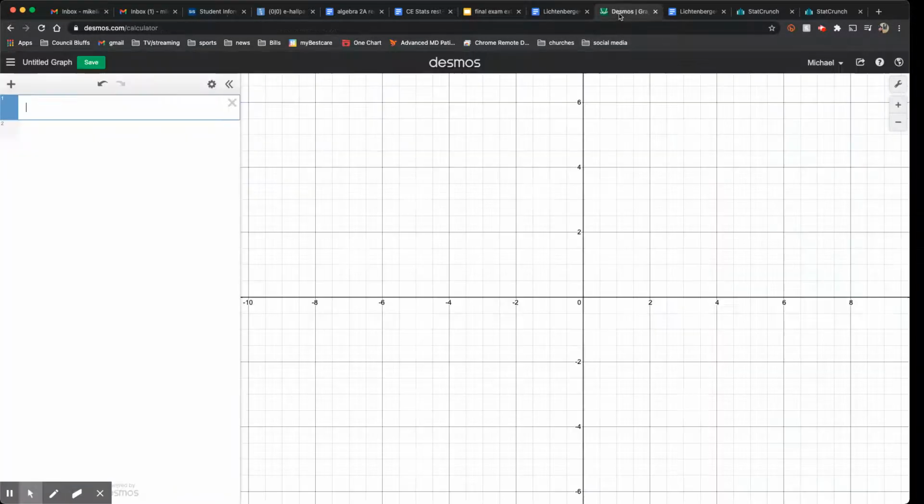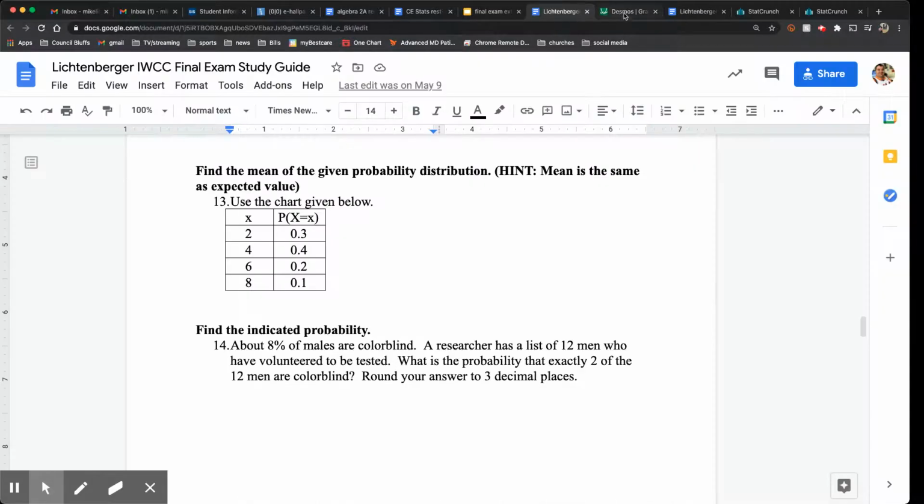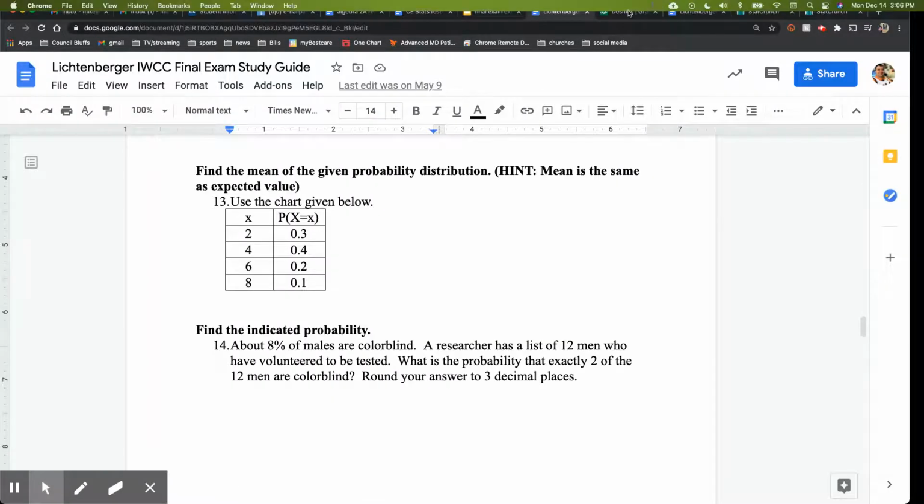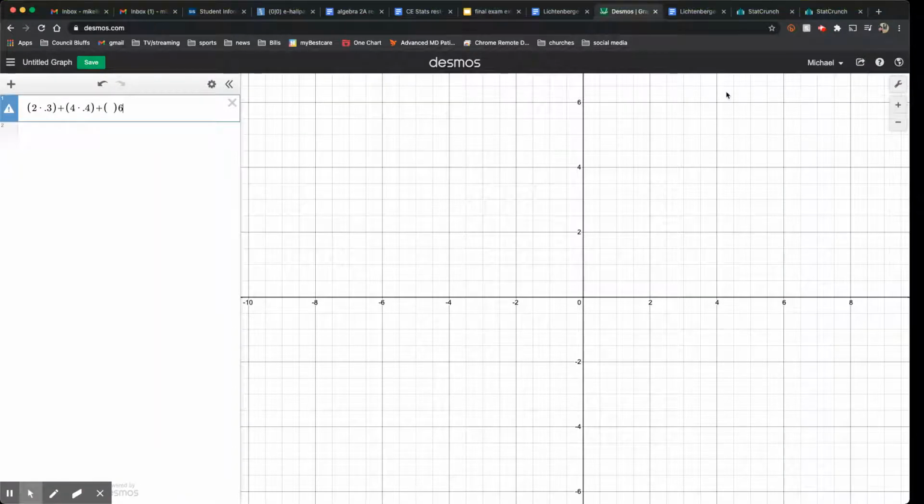So I'm going to quickly do this on Desmos. So it'll be 2 times 0.3, and then 4 times 0.4, and then 6 times 0.2.